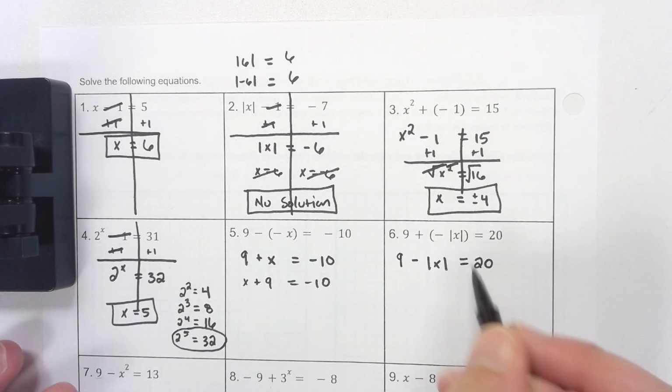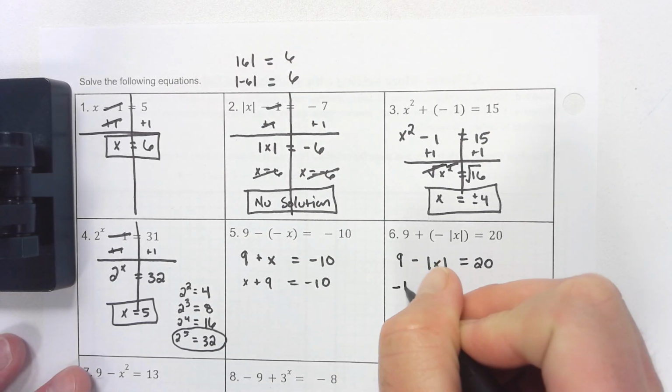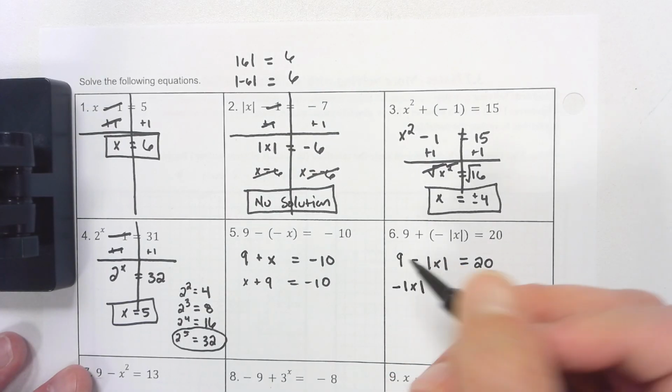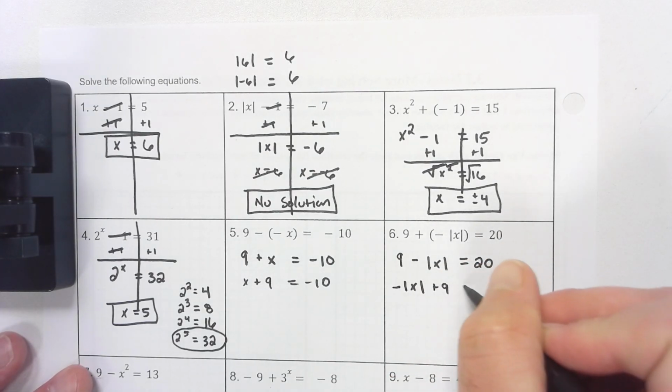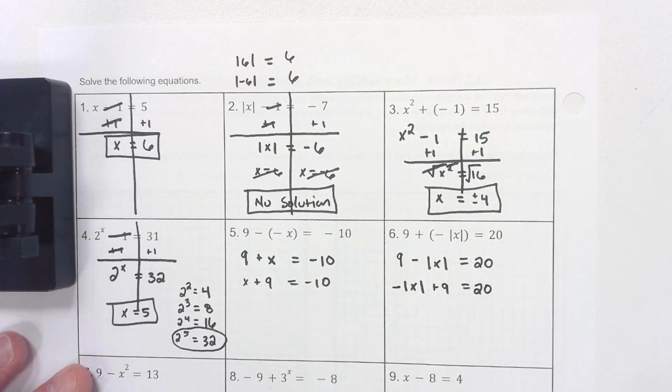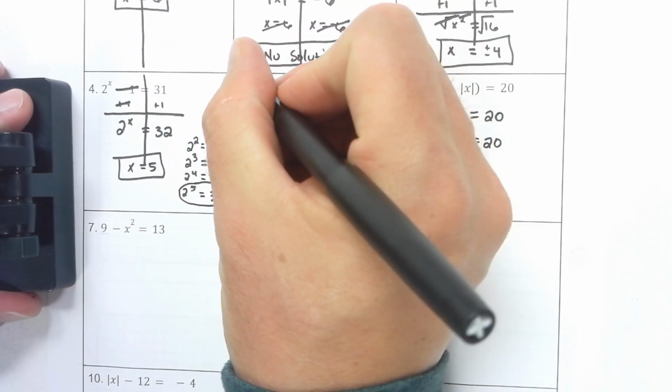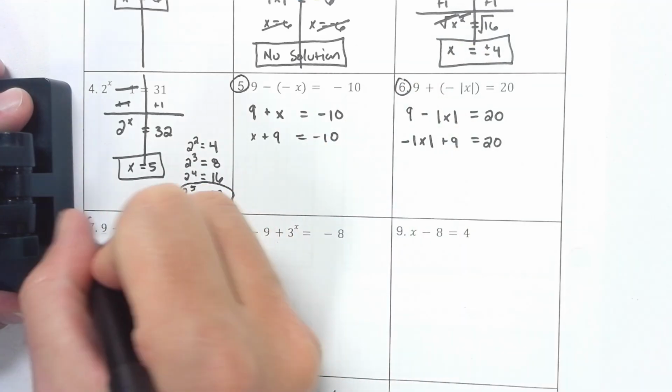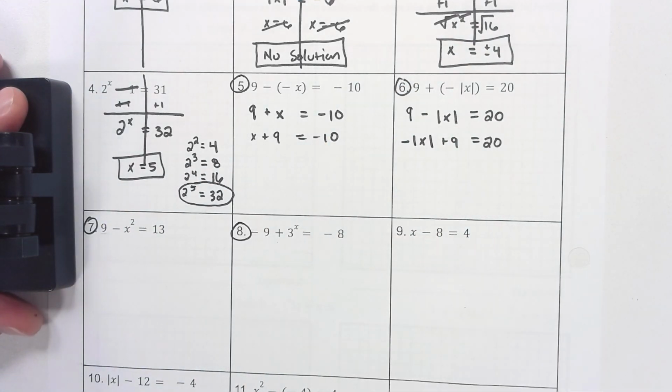The absolute value of x is negative, so I'm going to rewrite it as negative absolute value of x. And the 9 is positive, so plus 9 equals 20. All right, I want you all to do your best to work through 5 through 8, and then we'll do 9 through 12 together to finish class here.